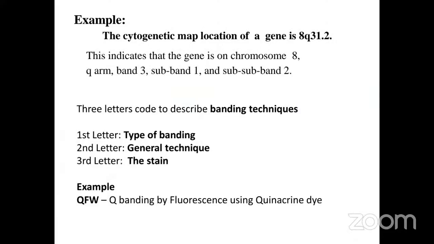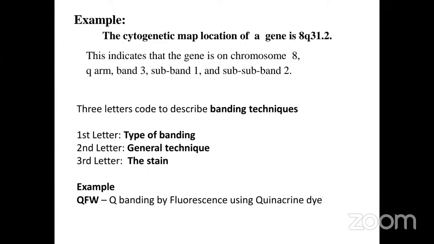Here we can look at the cytogenetic map. Suppose I say gene X is present on chromosome number 8, but at which position is it located? The location is given like 8q31.2, which indicates how the position on the chromosome is denoted on the cytogenetic map.